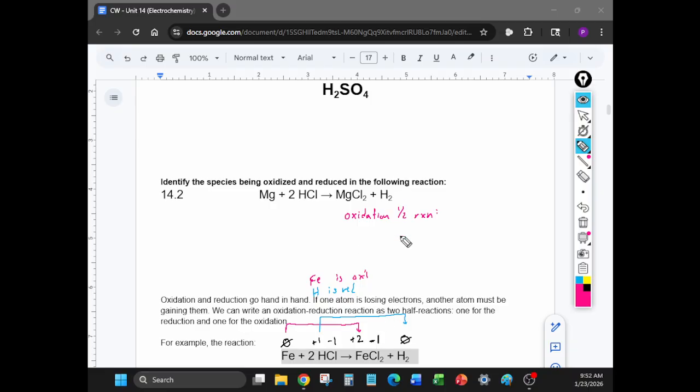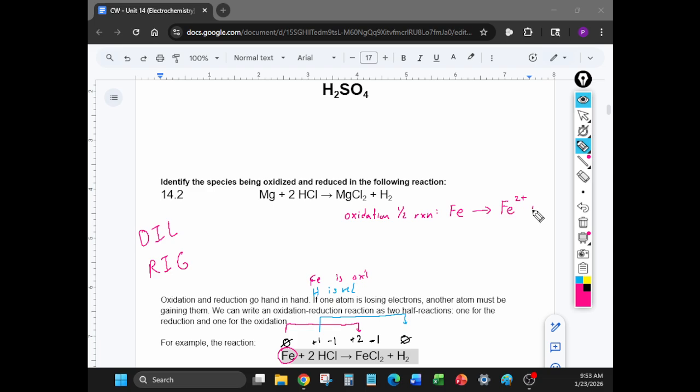Okay. Now we're going to take a look at what happens to Fe. Okay. So we can see that Fe is by itself. And remember, oxidation is loss, oil rig. Just remember the acronym, oil rig. Oxidation is loss. Fe loses its electrons. So that means that Fe is going to become Fe2+, and since it lost its electrons, it's going to separate.